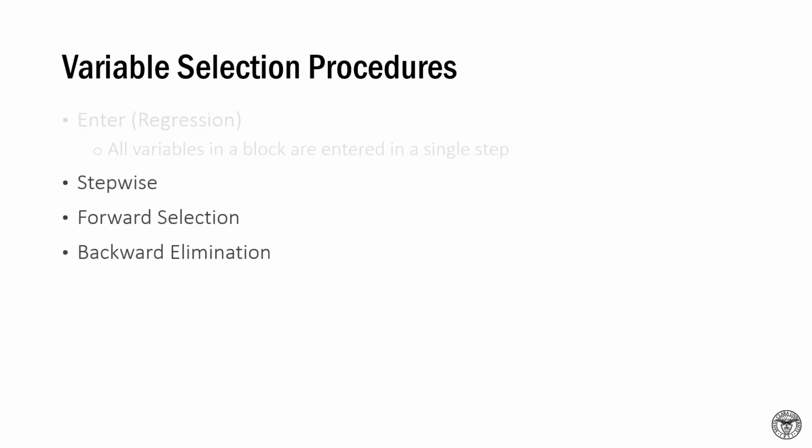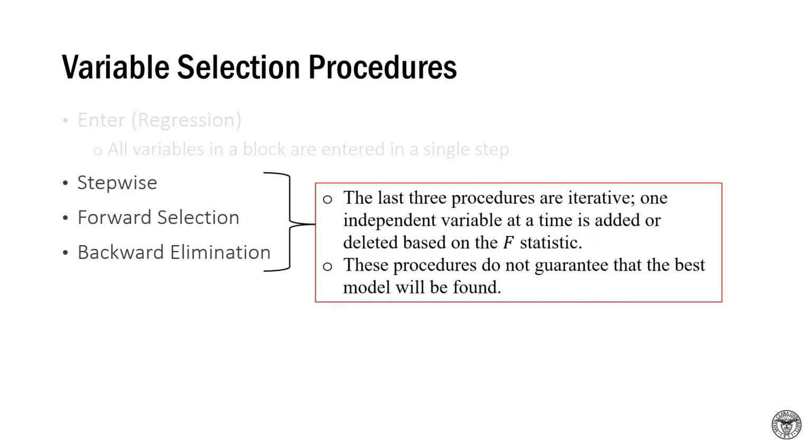Here, we introduce several typical variable selection procedures for multiple regression: stepwise regression, forward selection regression, and backward elimination regression. These procedures typically use statistical threshold values, such as the F-value, to add or remove an independent variable.